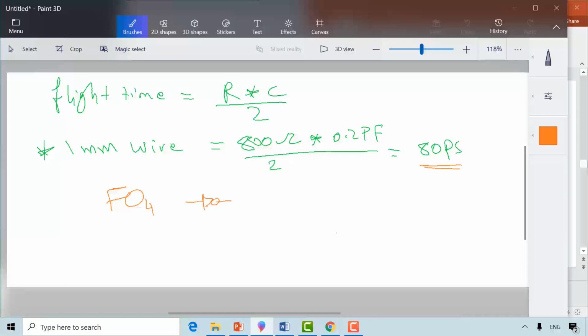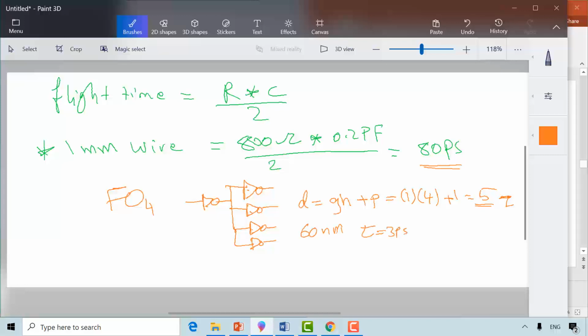Whenever you have an inverter which drives 4 inverters, then delay equals GH plus P. G is 1, H is 4 because we have 1, 2, 3, 4 load, plus 1, and this equals 5. Now 5 what? 5 of tau, and I know that for a 60 nanometer process tau equals 3 picosecond, which means fan out of 4 equals 5 times 3 picosecond. This is equal to 15 picosecond.